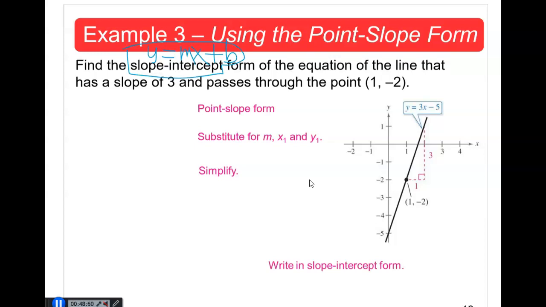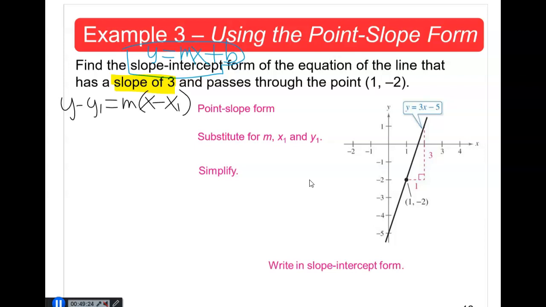But the way we're going to get to it, well, we have the slope, and we can't just substitute the y value that you see here because it's not the y-intercept. For this to be the y-intercept, the 1 will have to be a 0. So it's not going to work. So what we need to do is use the point-slope formula, which is the one that we just finished talking about. y minus y sub 1 equals m parentheses x minus x sub 1.